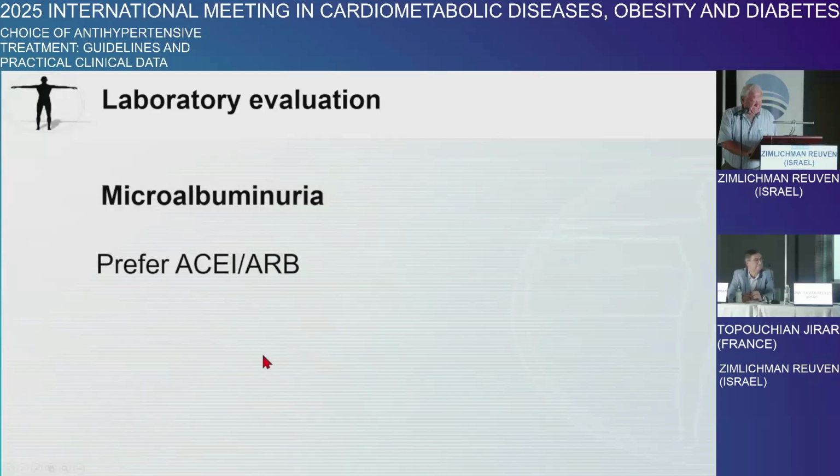We know from many studies that we do not use ACE plus ARB. Why? No additive antihypertensive effect. However, ACE plus ARB can be beneficial for other reasons, especially the kidney.